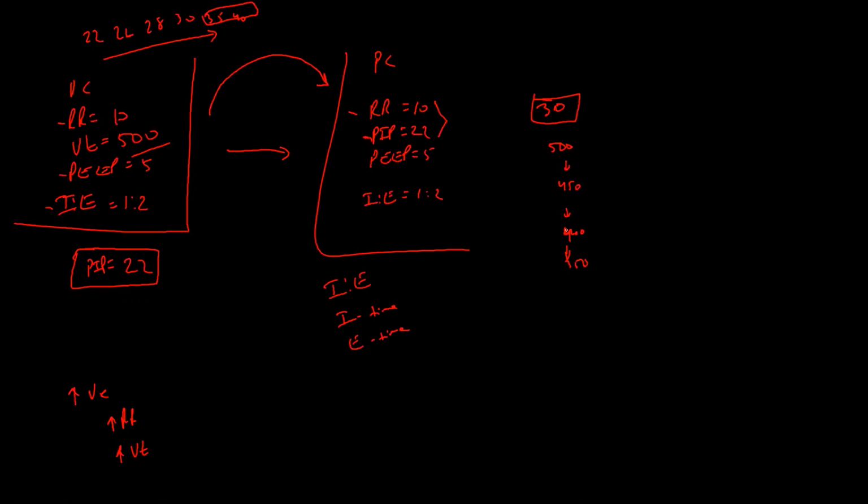And we can also maximize our respiratory rate, because if you have a normal patient, you have a breath that goes in and then they exhale like that. So you have one part inspiratory, 2 parts expiratory, and that's a normal patient.